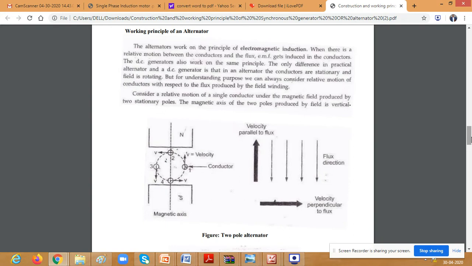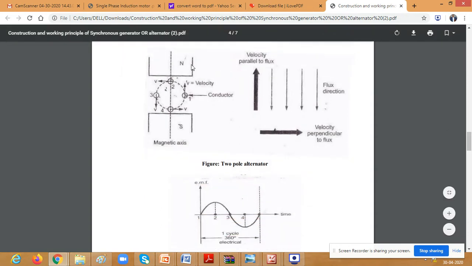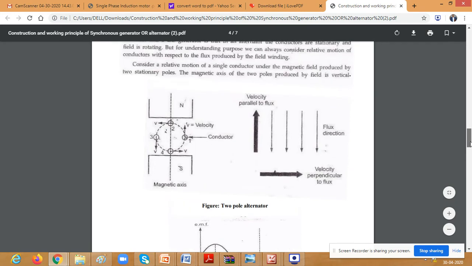In this diagram that I am explaining, let us suppose we are considering a two pole alternator, north pole and south pole, and we are taking just one single conductor here. Then what happens when the single conductor rotates through one complete rotation is what we want to see. You see the direction of the magnetic field, or the flux direction.